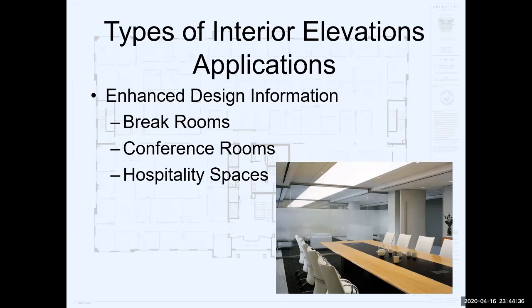And of course, as you get into these other types of spaces where specialty equipment is required, like in audiovisual applications or maybe a boardroom of sorts, then you're going to want elevated finishes at different locations. And it's just much easier using an interior elevation for that, as it would be, say, in a restaurant or in a hotel environment.